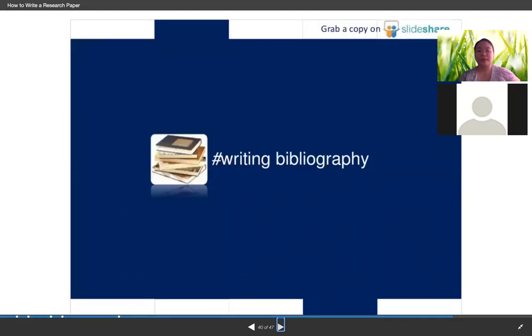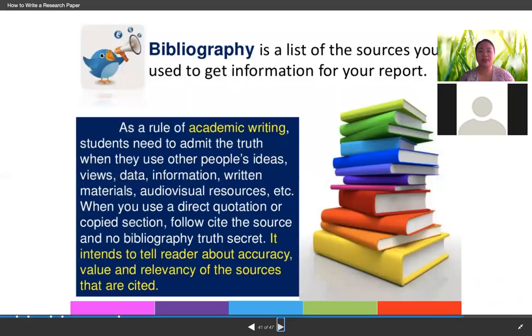So writing your bibliography. It's references or the list of sources you use to get information for your report. As a rule of academic writing, students need to admit the truth when they use other people's ideas, views, data, information, written materials, audiovisual resources.